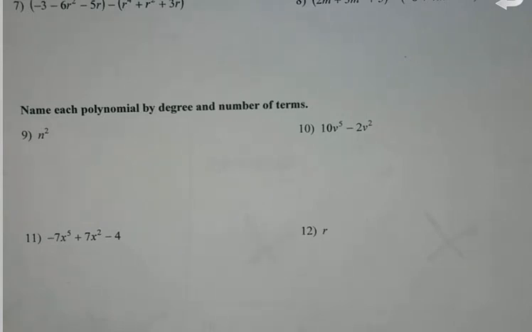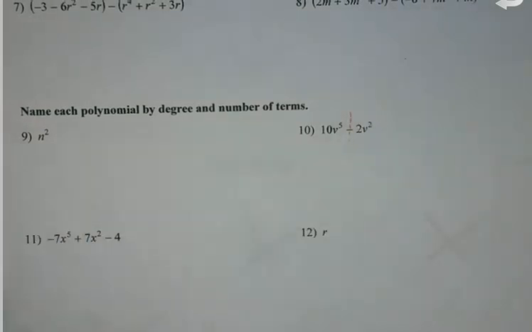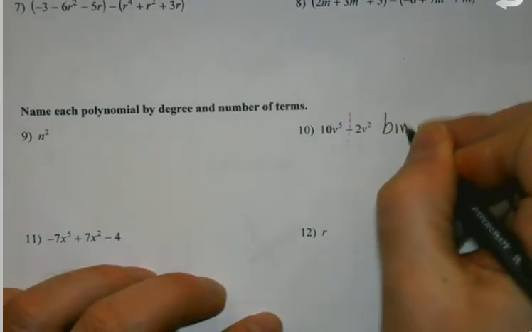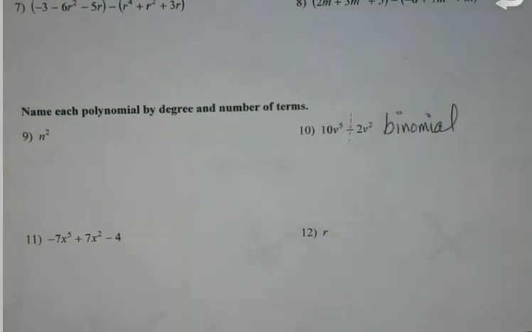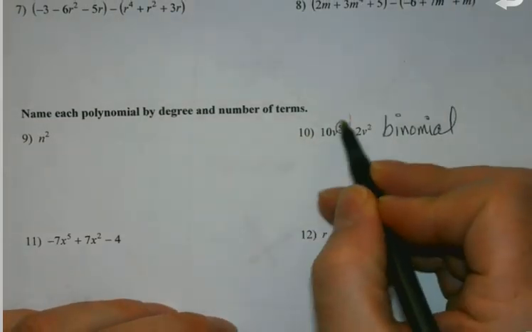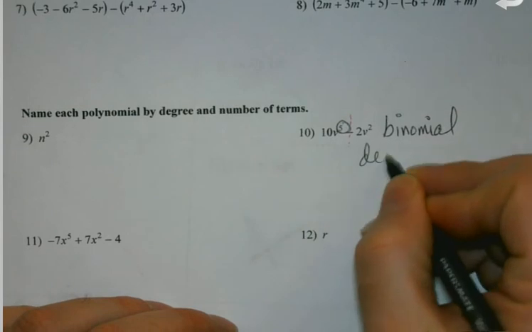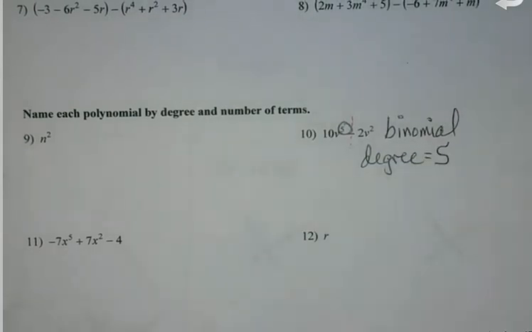Okay, first things first, how many terms are there in number 10? Okay, there's 2 terms. So what do we call a polynomial with 2 terms? A binomial. And then my degree would be, what's my biggest exponent? 5. And we're set there.